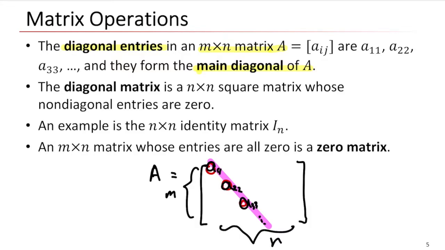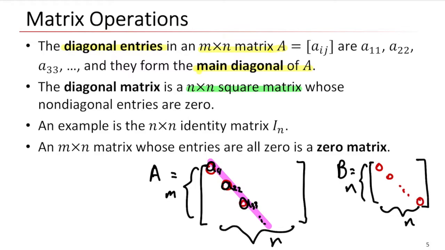What about the diagonal matrix in the n by n square matrix? Let's say we have another matrix B, an n by n square matrix. In this case, what are the diagonal entries in this matrix? Here, right?